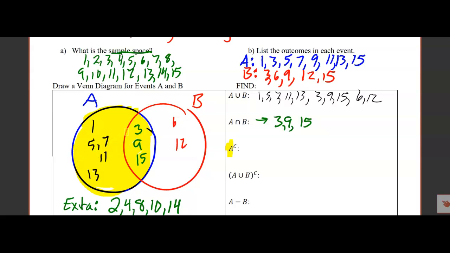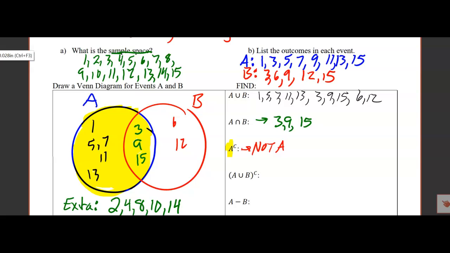All right. Complement of A is basically saying not A. So every value that is not part of A, does someone want to tell me what those numbers are?